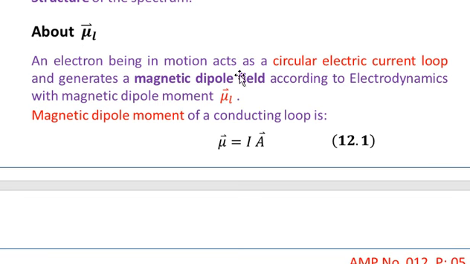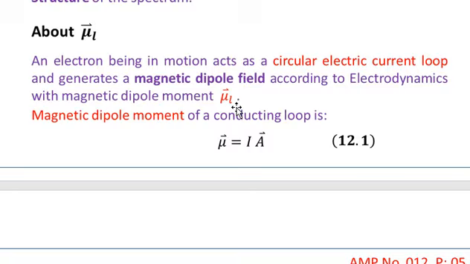An electron being in motion acts as a circular electric current loop and generates a magnetic dipole field according to electrodynamics with the magnetic dipole moment mu L. So you see that here the word mu L appears.